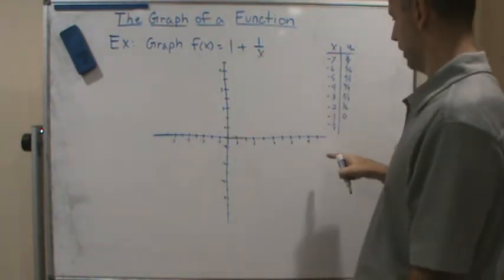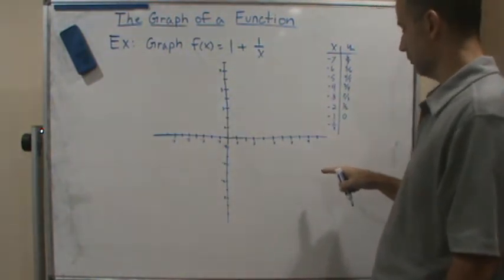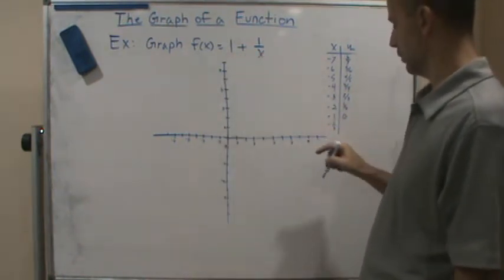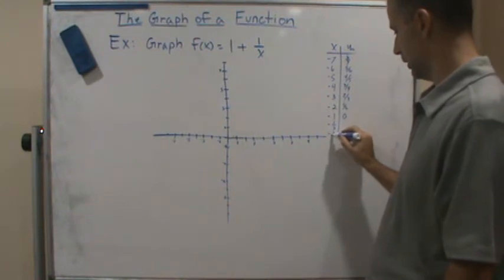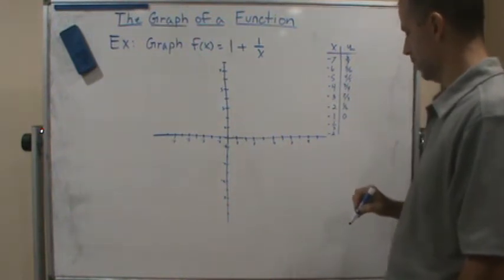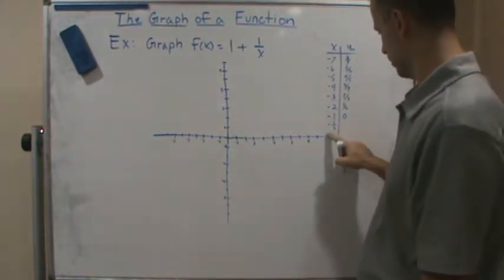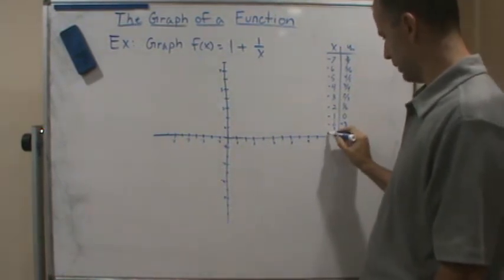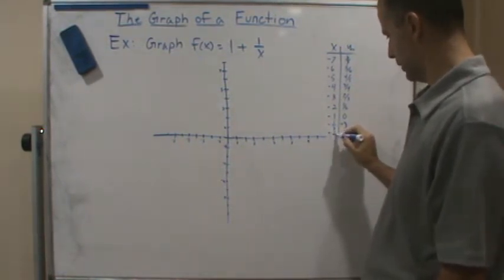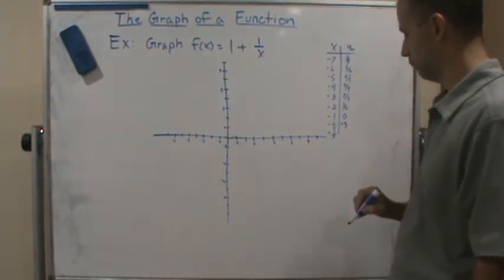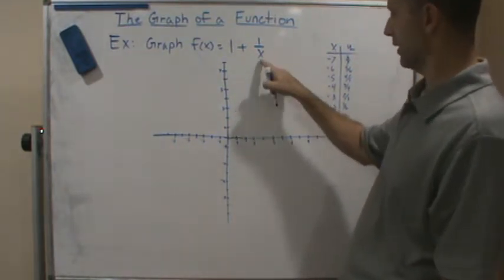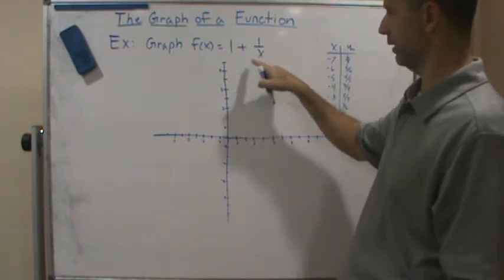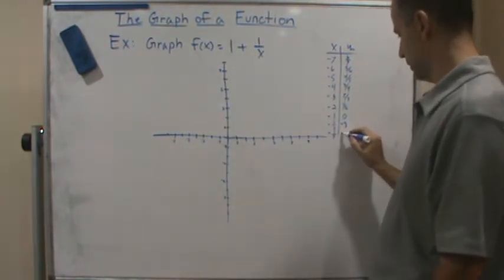So then this becomes 1 minus 3, which is negative 2. What if we put in negative 1/7? If we put in negative 1/7 here, we get 1 over negative 1/7, which is negative 7. And so then we get negative 6.